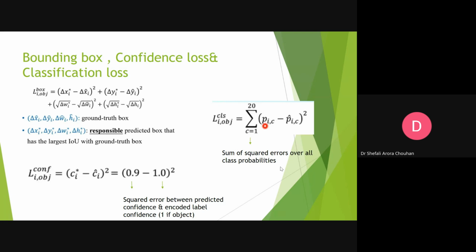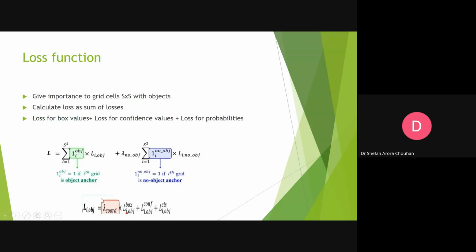Say class 1 is there, say 1 or 0.5, if you do the sum of squared errors over all the probabilities for these 20 classes, that is how your classification loss is calculated. So ultimately the final loss will be calculated on the basis of all these losses and values that you have calculated.